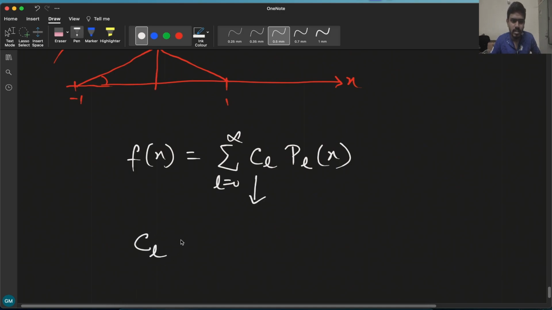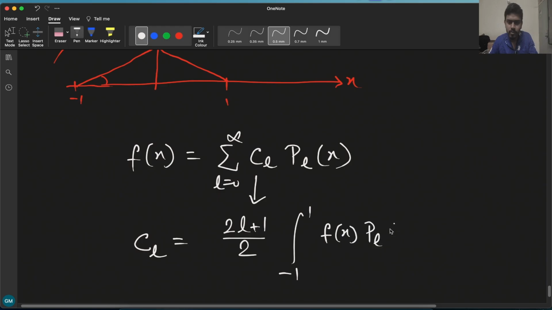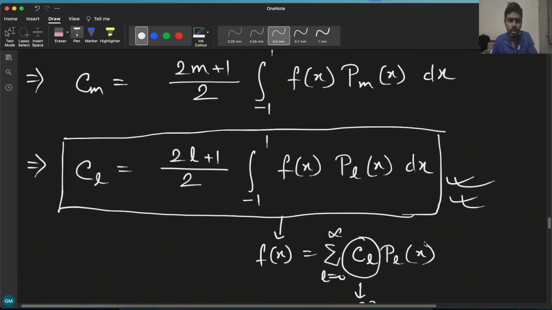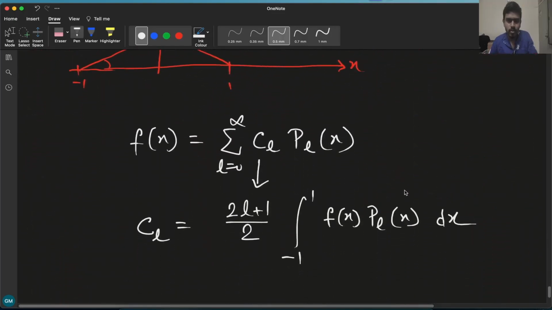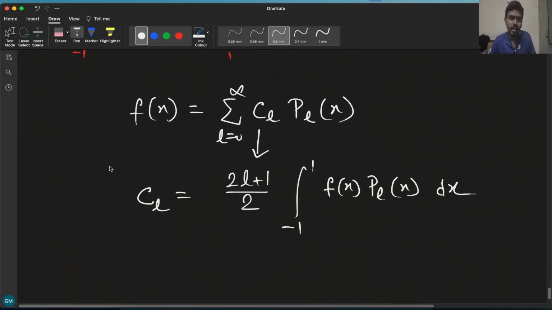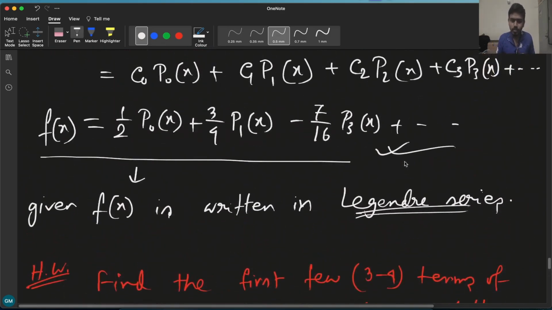And what is C_L? C_L is basically (2L+1) divided by 2, integral from -1 to 1 of f(x) P_L(x) dx. That's what we proved here. So you need to find C_L and then put it back in the series and write a few terms of this series. That's your job.